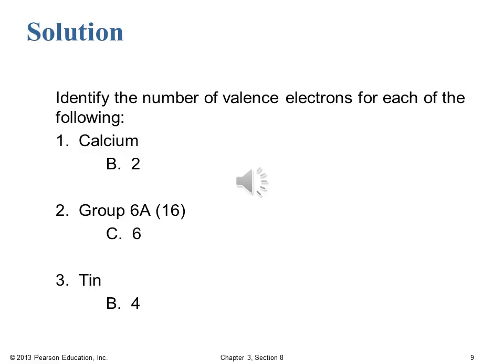Okay, so we had calcium actually as one of our examples when we talked about the group 2A or group 2 metals, and therefore hopefully it was pretty easy to identify choice B, 2 as the number of valence electrons for calcium.